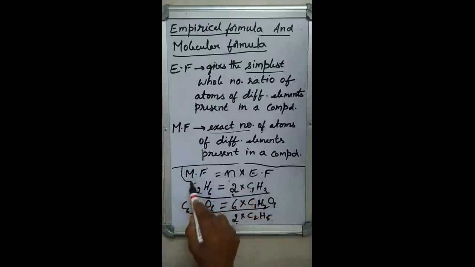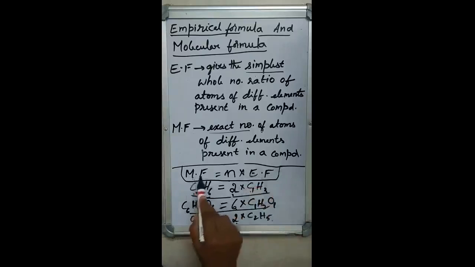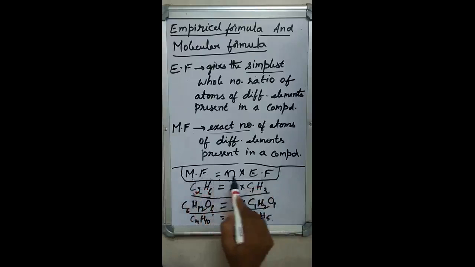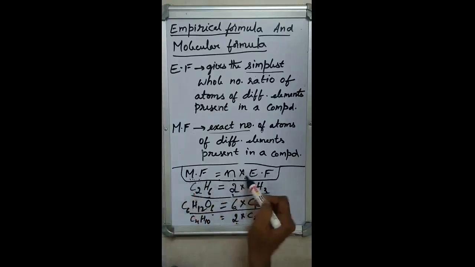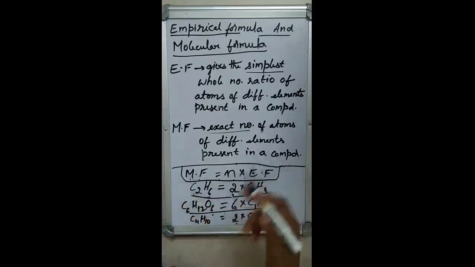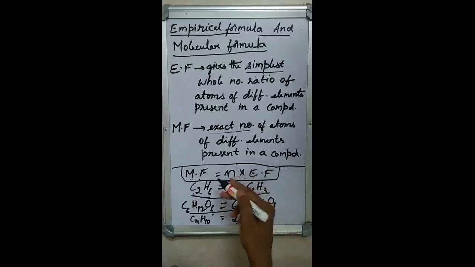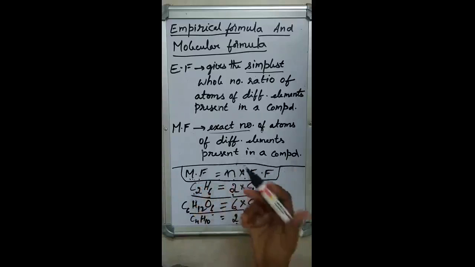So the relation between empirical formula and molecular formula is: molecular formula is equal to n into empirical formula. I hope you understood the concept. This relation is very important to calculate empirical formula as well as molecular formula. In the next part I will explain how to calculate empirical formula and molecular formula based on the question.